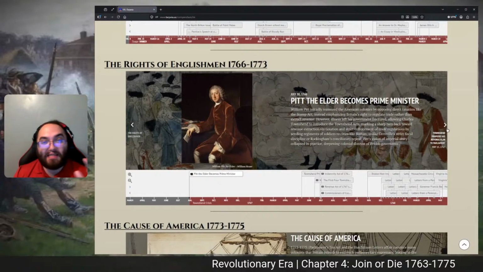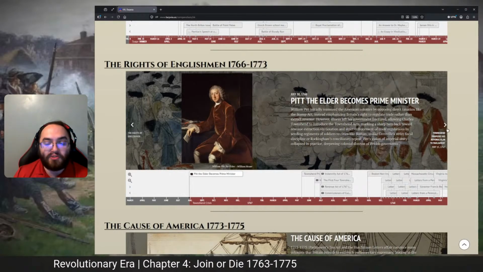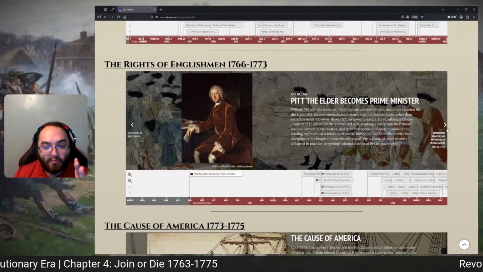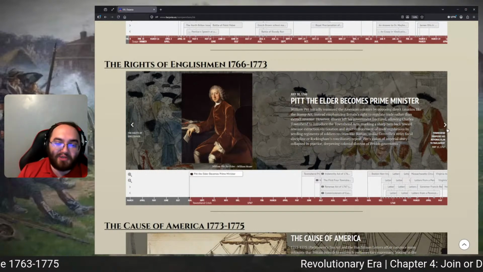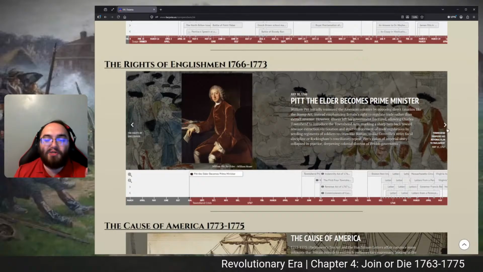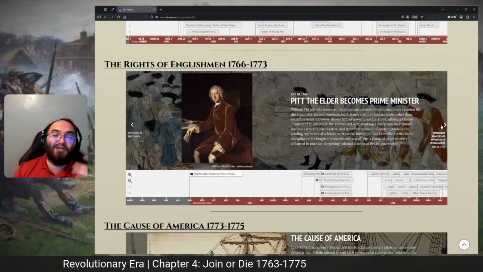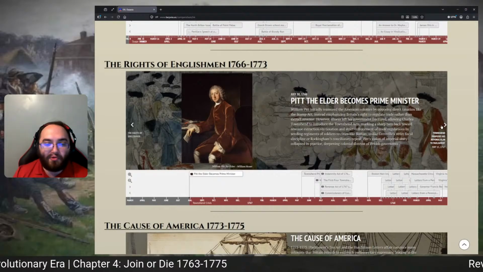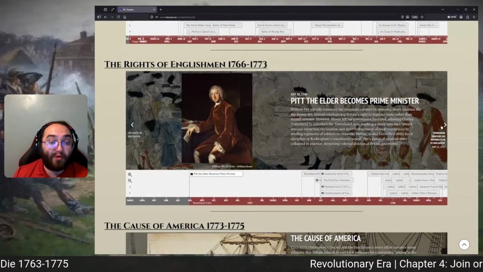So he is on the side of colonial representation in Parliament, but he is also on the side of Parliament's authority over the colonies. So he's not 100% for the colonial cause. In fact, most Whigs are not 100% on board with the colonial cause. Even though they want representation, they also want Parliament to have authority over the colonies.